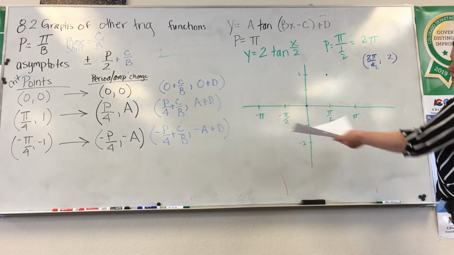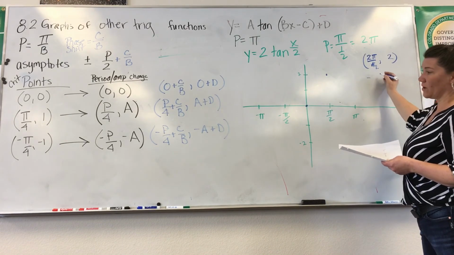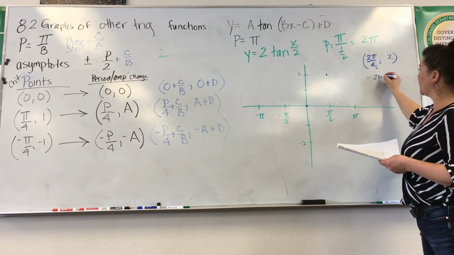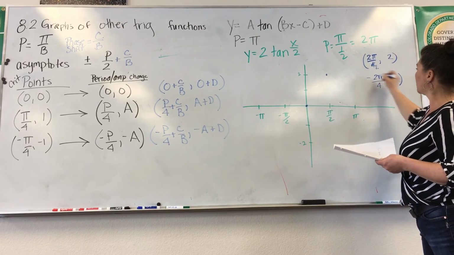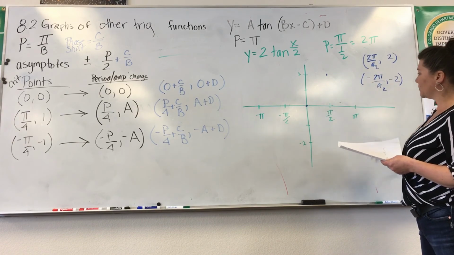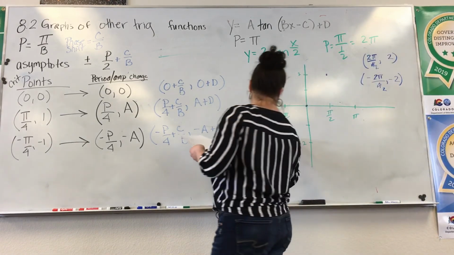My next critical point is negative 2 pi divided by 4, negative 2, so that's negative pi halves, negative 2 right here.